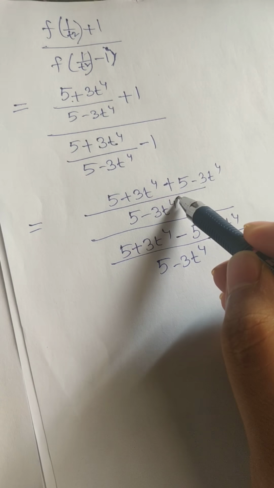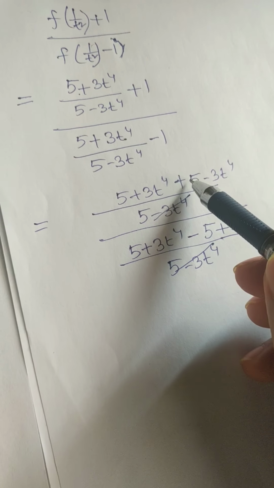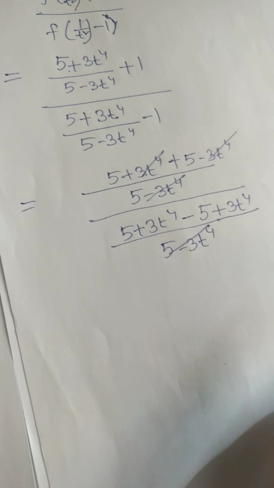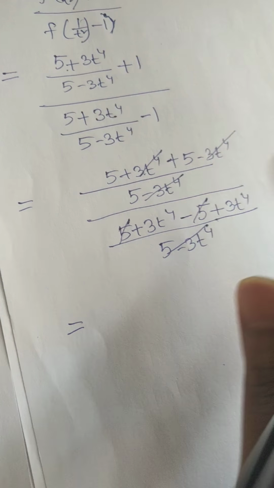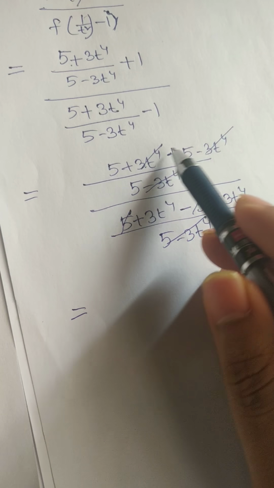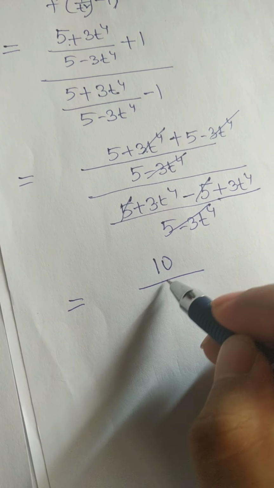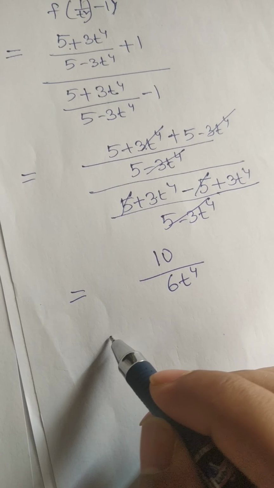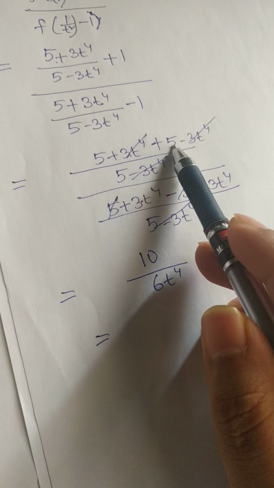Okay, now these both get cancelled. Now 5 plus 5 is 10, and these two also get cancelled, plus 3t4 minus 3t4 gone. So what we can write over here as well, plus 5 minus 5 gone. So what do we get now? 10 divided by 3t4 plus 3t4 equals to 6t4. 5 plus 5 is 10.